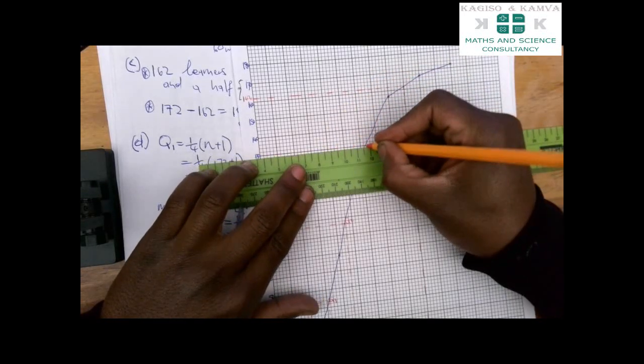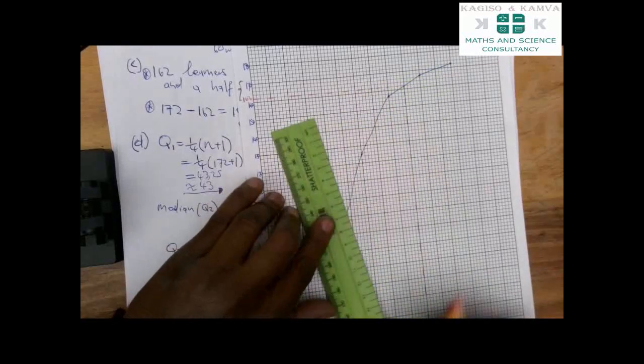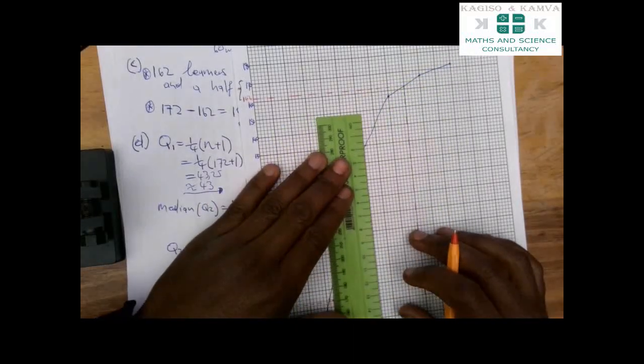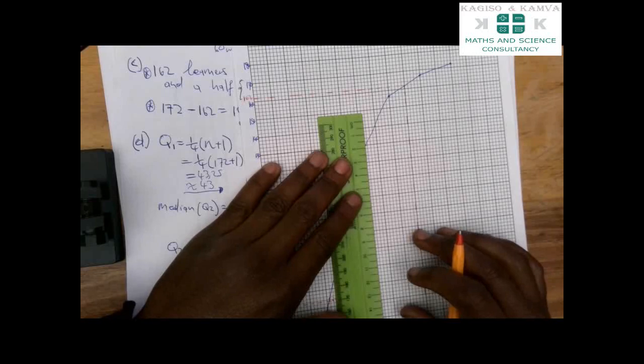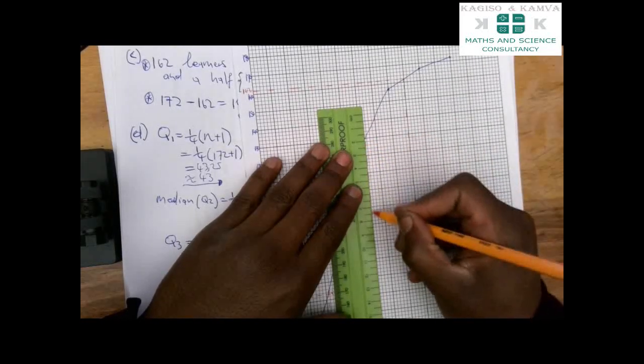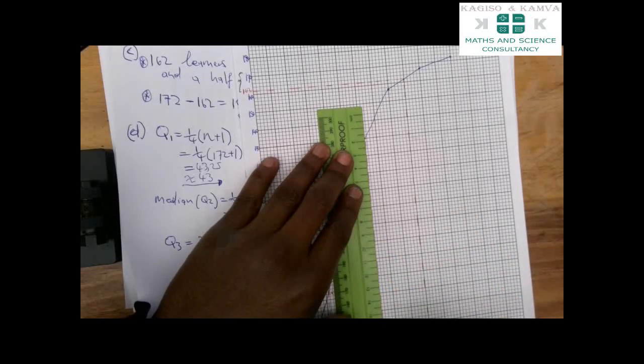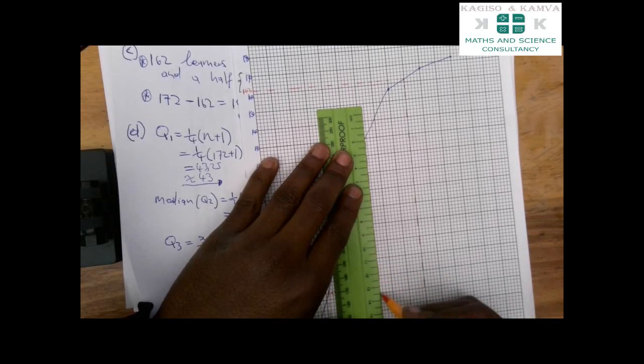Where it touches the curve, we go down using the dotted lines to read off the value of the upper quartile.